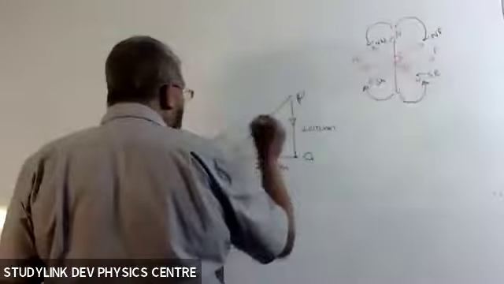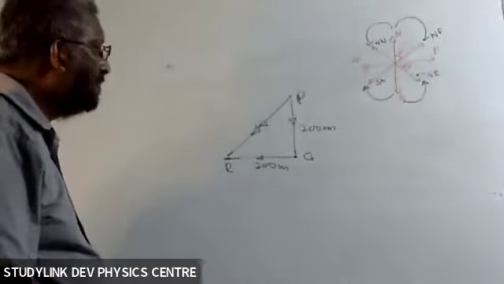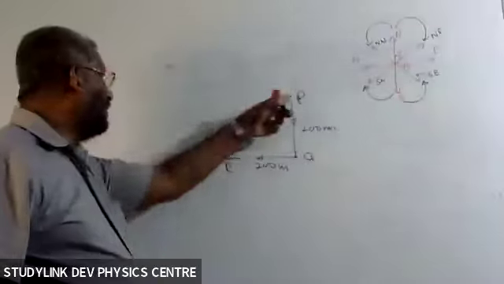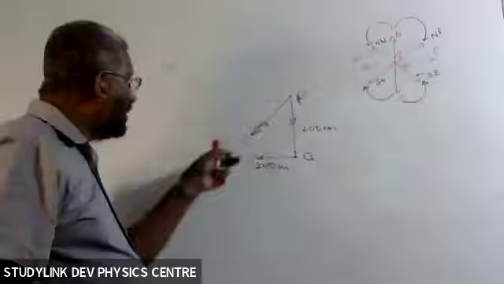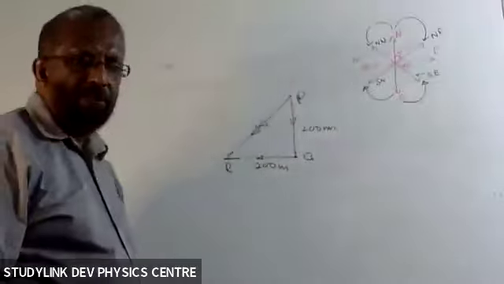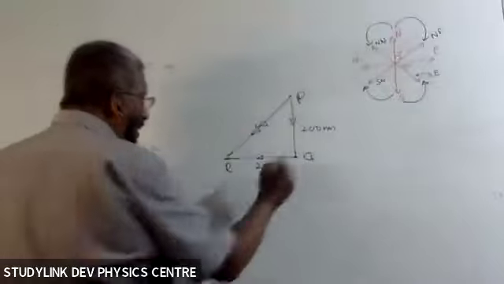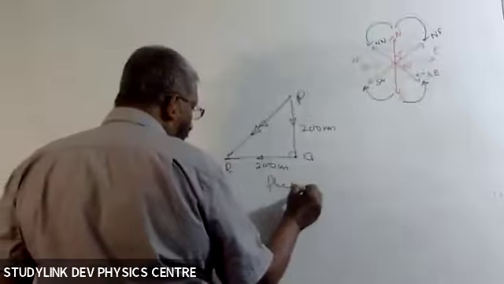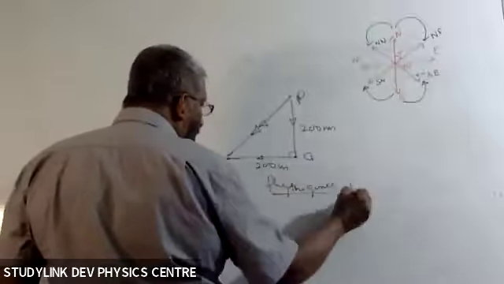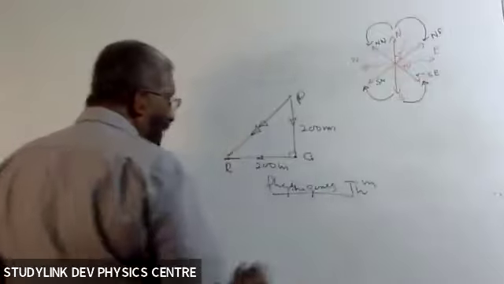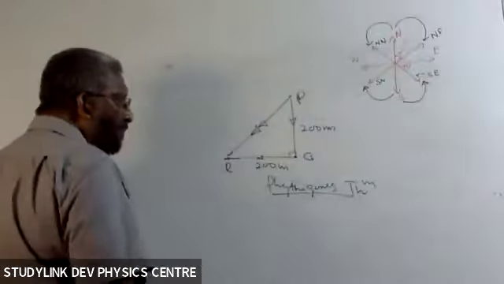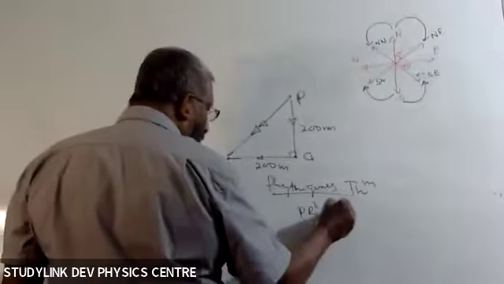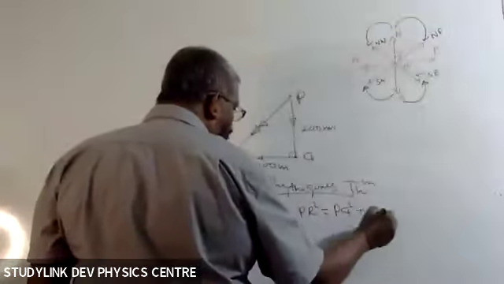That is the vector addition. That is the displacement. Child started here, child is here now. Then this is the displacement. Shortest distance between the 2 points towards one particular direction. This is 90. Then using Pythagoras theorem, then we can say PR squared is equal to PQ squared plus QR squared.